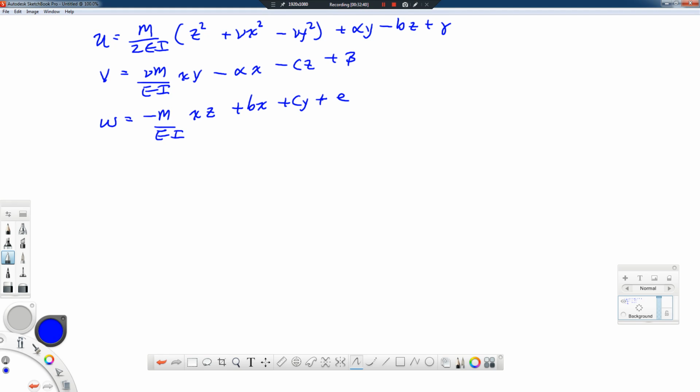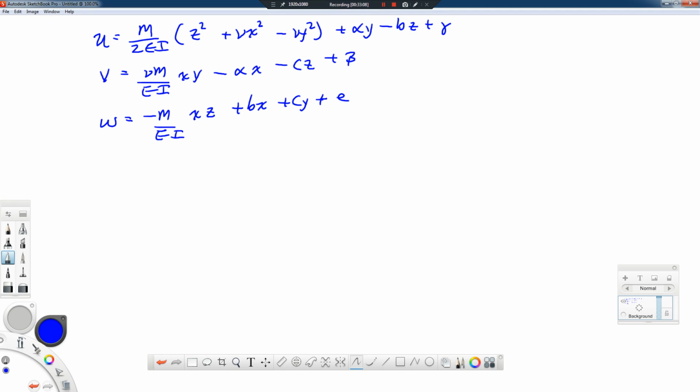Now remember, the vertical displacement, the up and down displacement, is the x displacement u. We have some displacements down the axis of the beam, that's the w, and we have some displacements in the cross-section dimension, v, that is in the y direction.